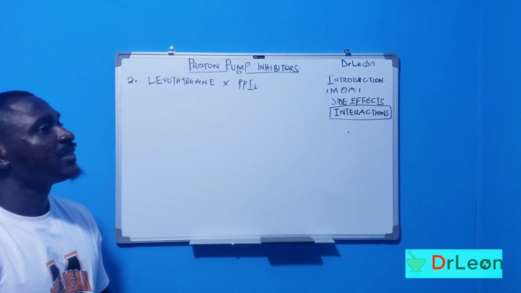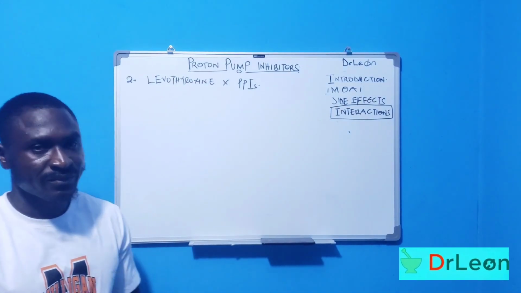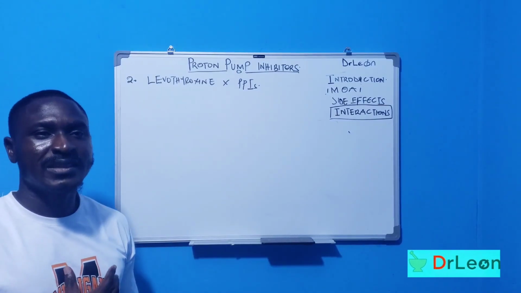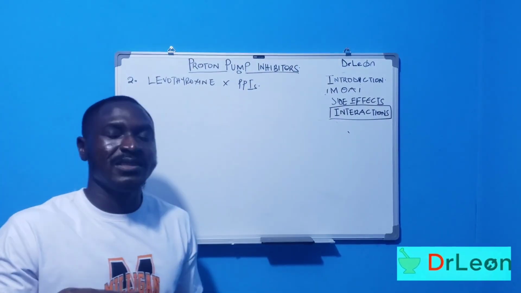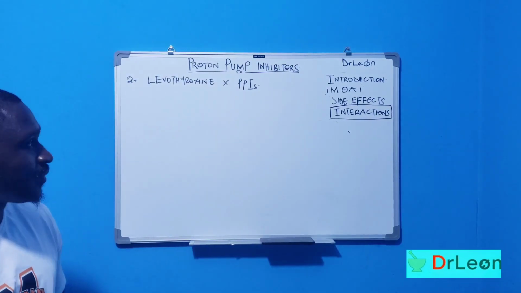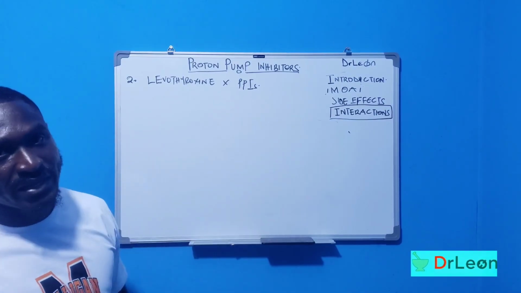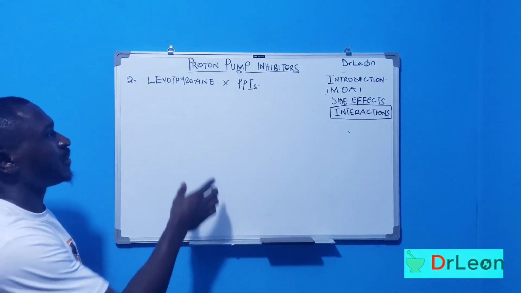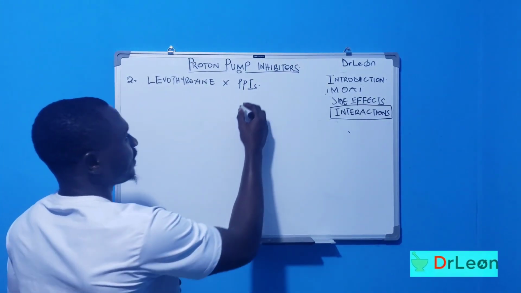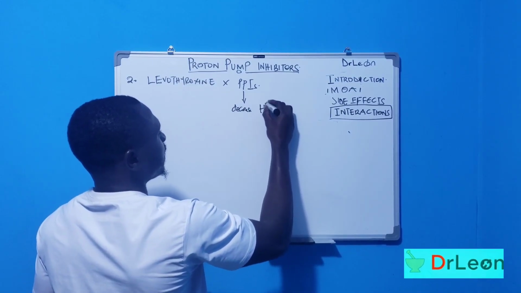So levothyroxine is a synthetic thyroid hormone, and it depends on the gastric acidity, or the acid in the stomach, for it to be absorbed into the bloodstream. If someone is on levothyroxine and the same person is on a PPI, you are concerned about the absorption of levothyroxine. Why? Because as we said, PPIs decrease acid production.